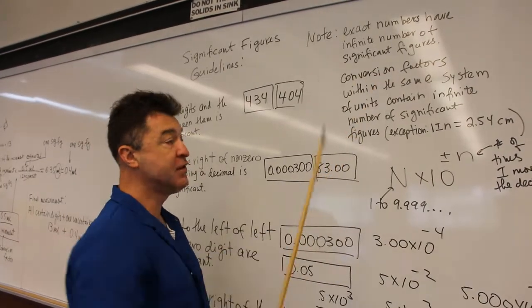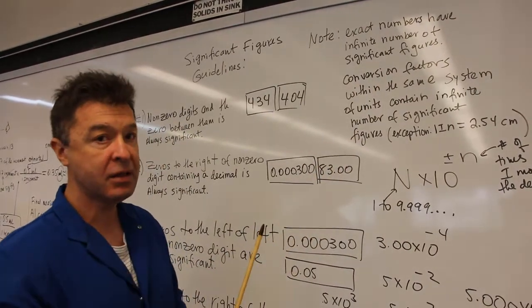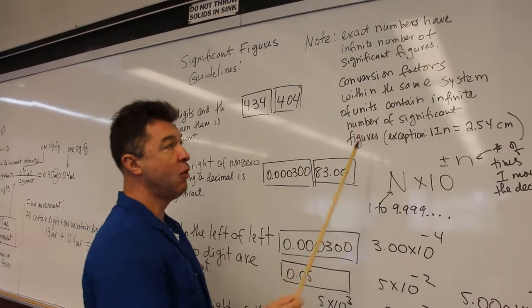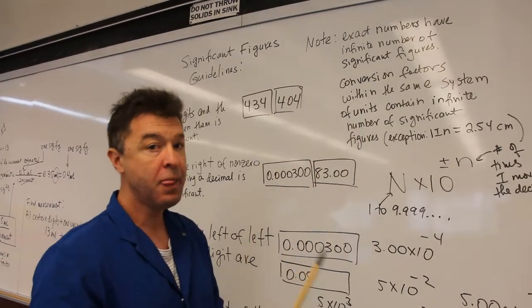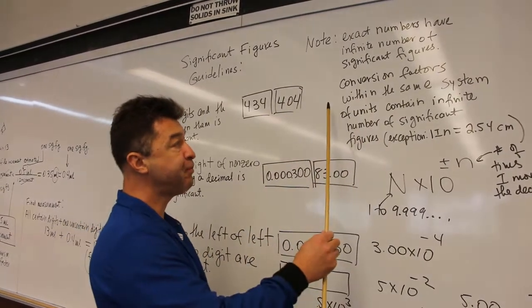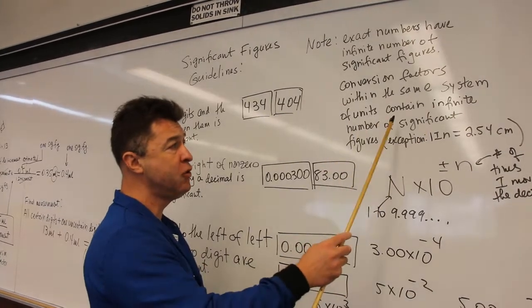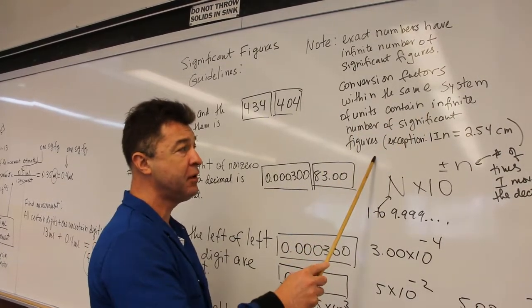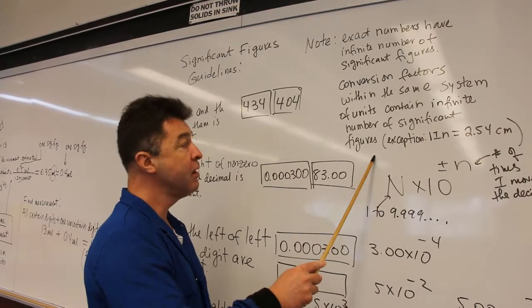Now, the second point I want to make about significant figures is that when you have a conversion factor, which I'm going to talk about later on, that is within the same system of units, it contains an infinite number of significant figures. Okay? Always.